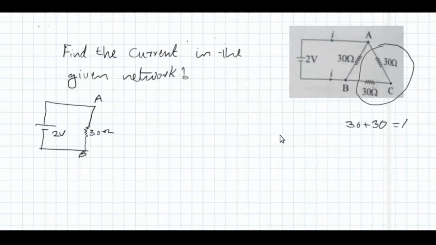So we may redraw this part. This is the connection: a 2 volt cell, then a 30 ohm resistor, and this part we may redraw as 30 plus 30 equal to 60 ohm. So the effective resistance of this part is 60 ohm. Now we can see that this 30 ohm and 60 ohm are in parallel combination.